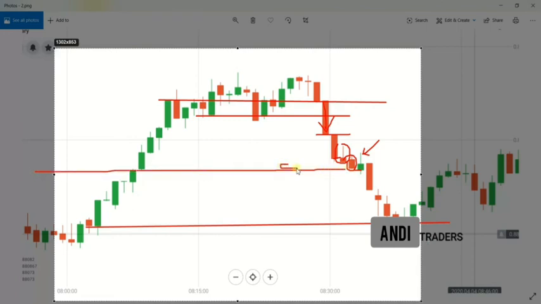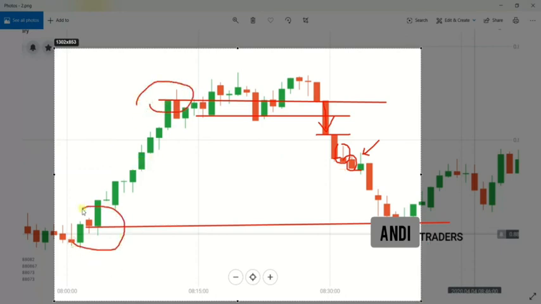Until you get a very weak candle like this, the left levels are not important. So only these two levels are important for us until you get a very weakness at a level.